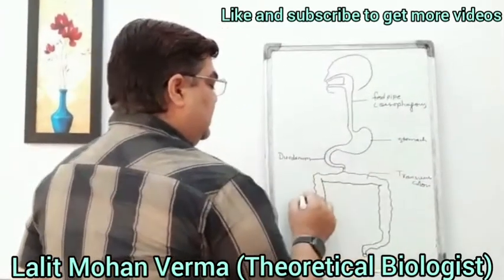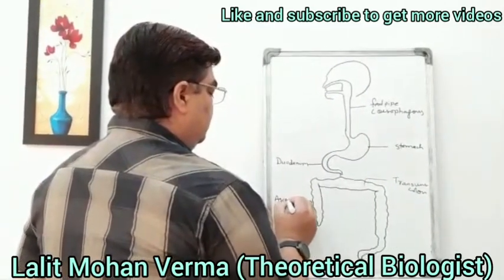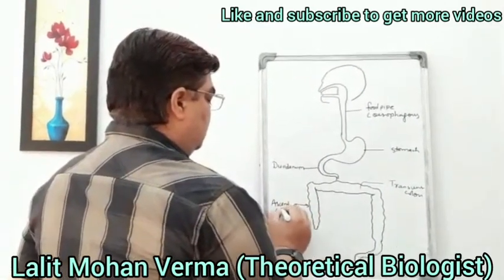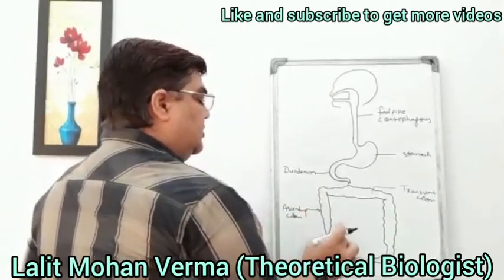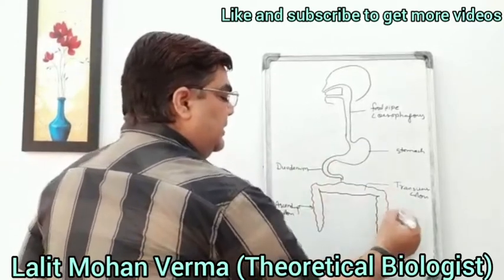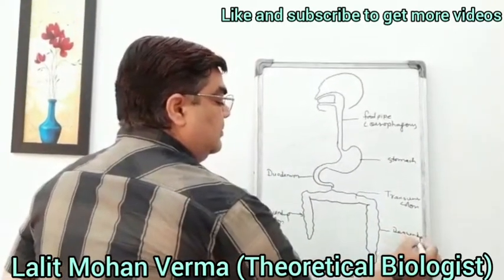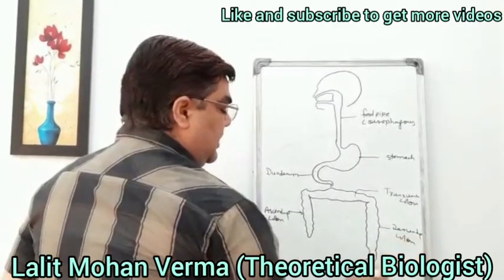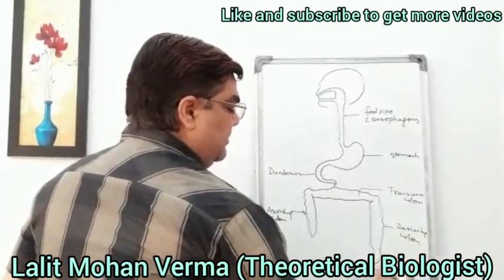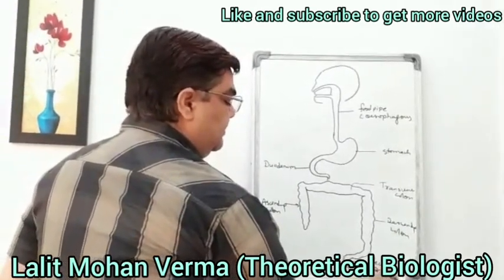Transverse like this. This one is the ascending colon. This is the colon, so it's moving upward, so this is ascending, and this one is the descending colon. This is the rectum, and this one the anus.